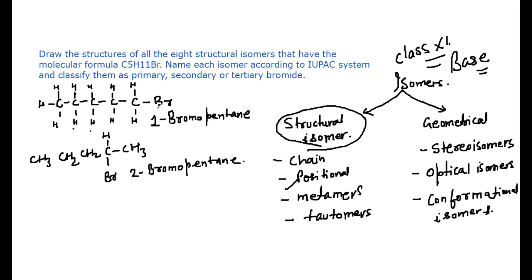In 1 bromopentane, the carbon atom with which bromine is attached has only one carbon attached to it. That is why it is a primary halide.